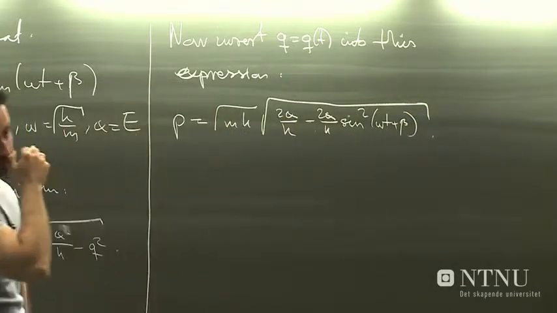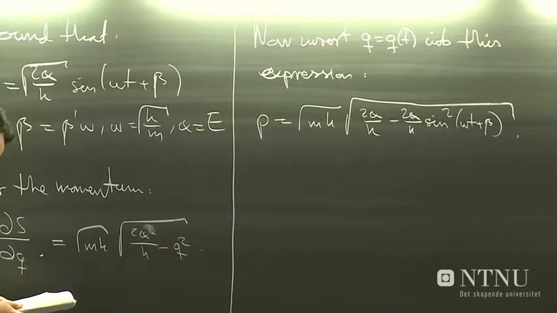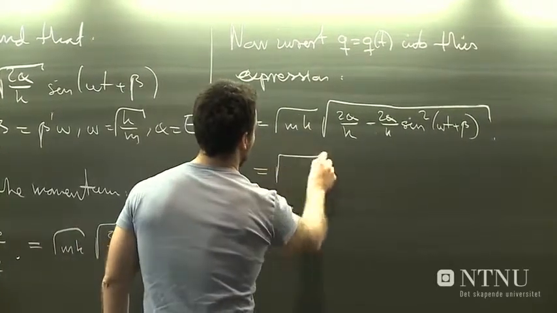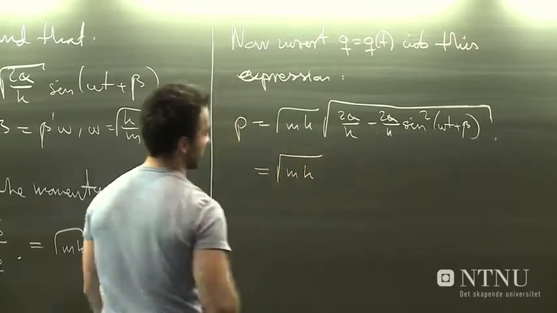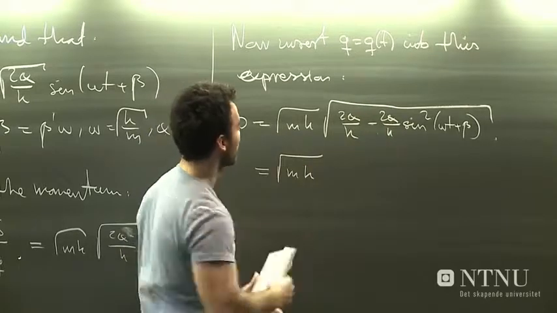So it looks something like this. Well, we can make a simplification here because we have the same prefactor. So this is just cosine.